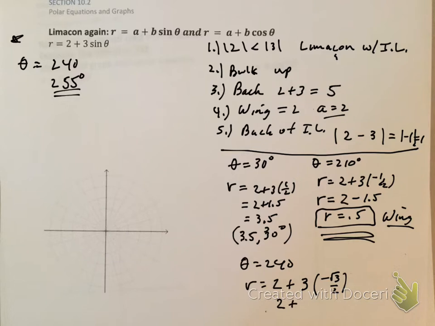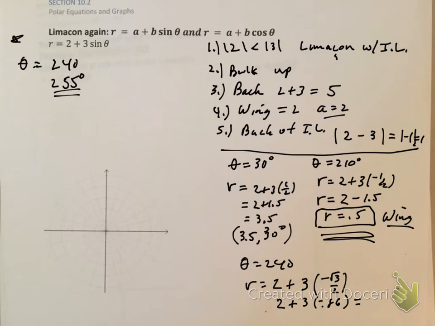Now, I happen to know that that's about a negative 0.86 something. Well, if you don't want to trust me, you can get your calculator out. I'll go ahead and do it on my calculator right now. I am going to do the 240, hit the cosine button. Oops, that's not what I got.